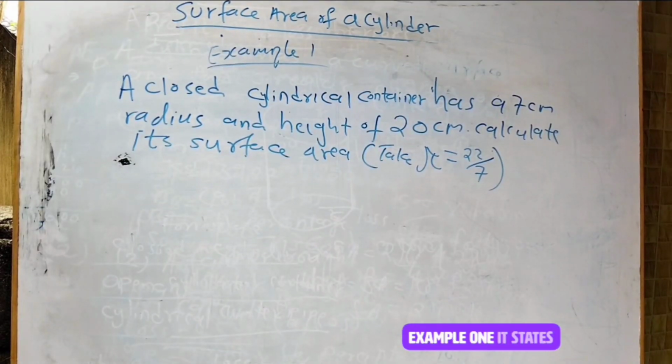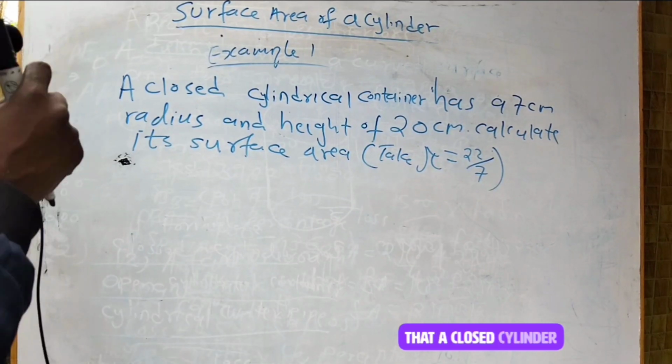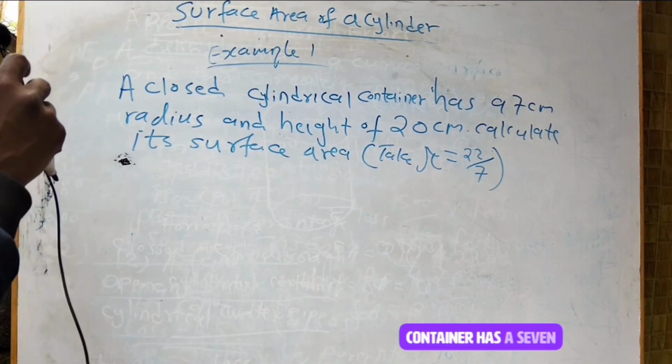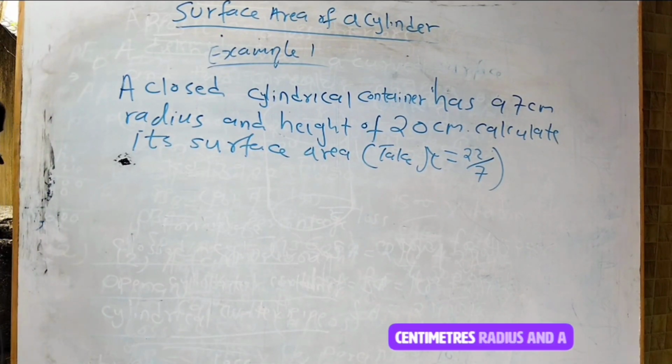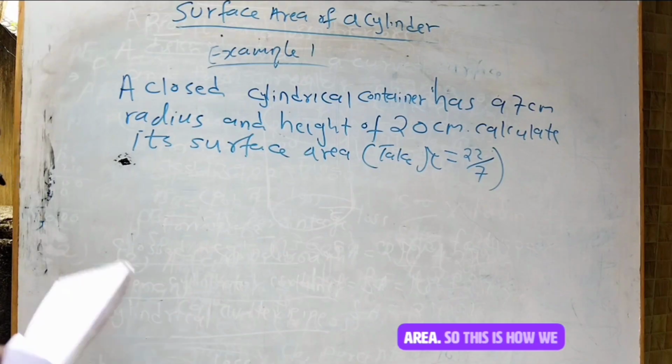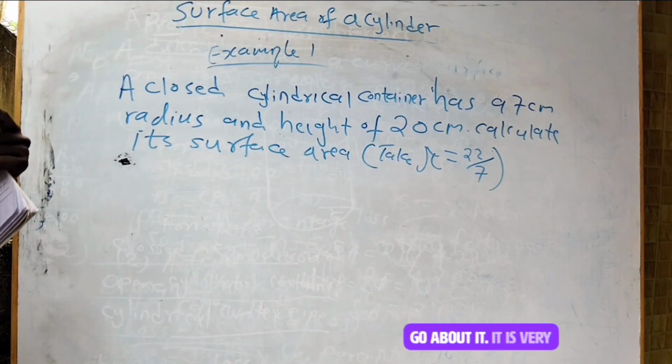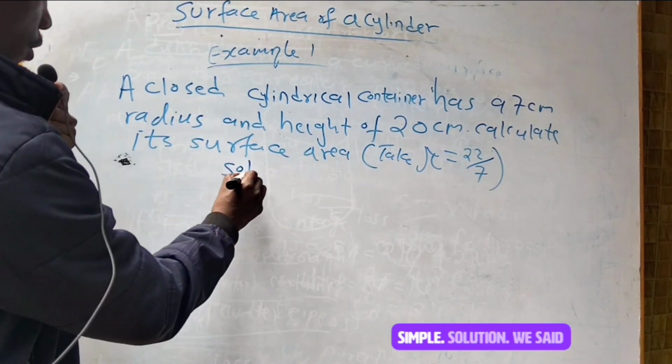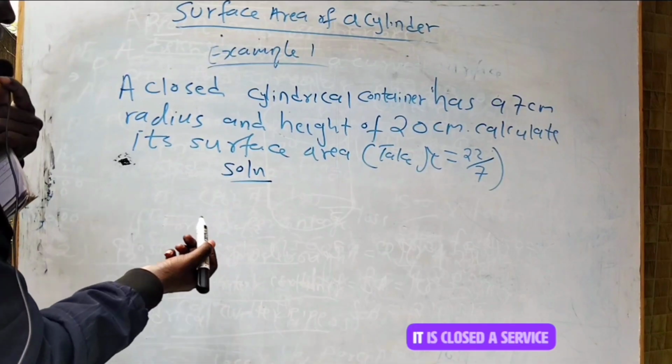Now this is example 1. It states that a closed cylindrical container has a 7 centimeters radius and a height of 20 centimeters. Calculate its surface area. So this is how we go about it. It is very simple. Solution: we said it is closed.